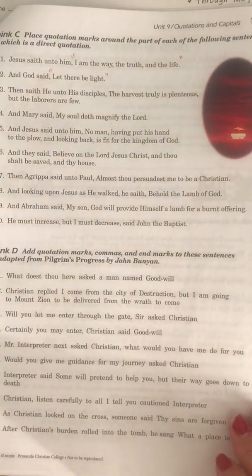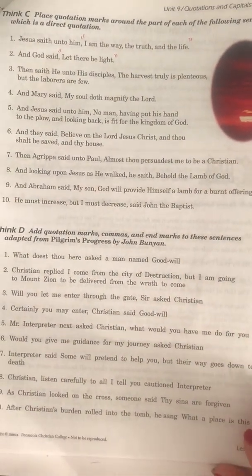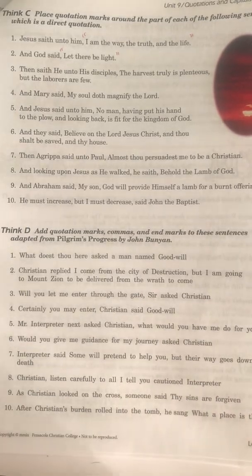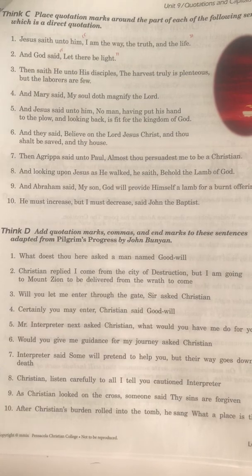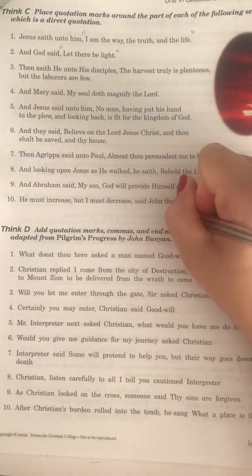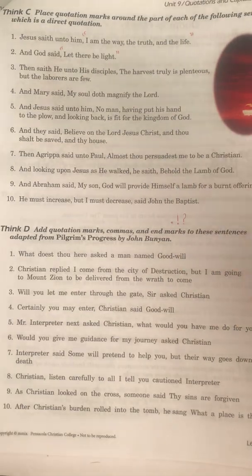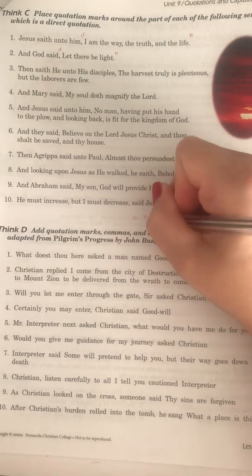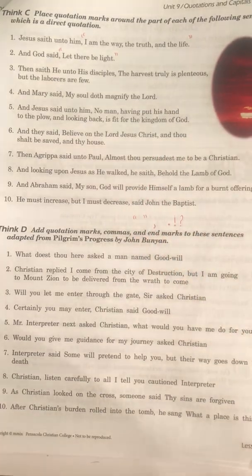The only difference is that for Think D, you're going to add quotes and commas and end marks. End marks, of course, would be your period, your exclamation point, your question mark. So make sure that you're not just doing the quotes, but also the comma and the end marks.